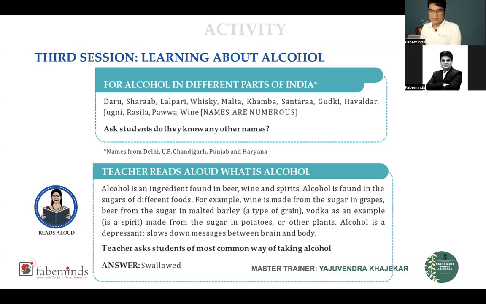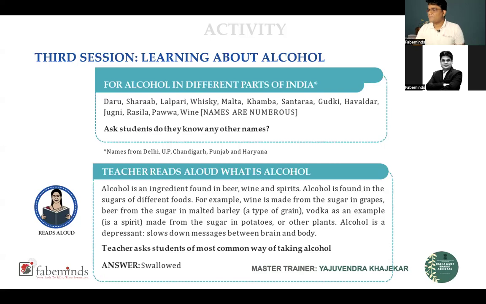So let's go ahead. For alcohol in different parts of India, these names are basically from North India. Many of you are from Tamil Nadu and Karnataka, so you can put your names in your notebook, or on this manual itself.